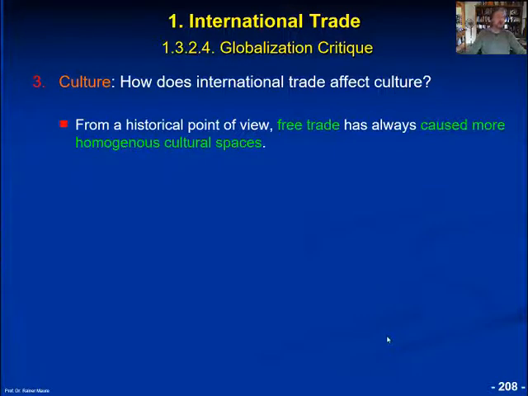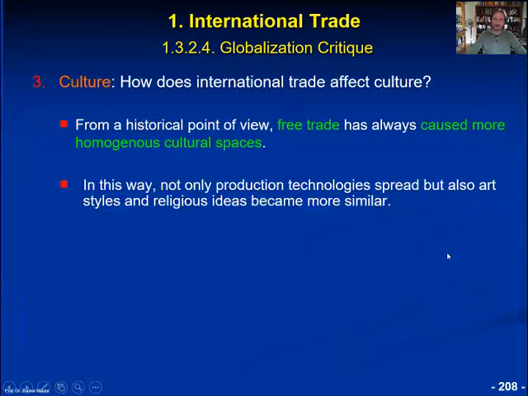Another point of criticism of the anti-globalization movement against international trade is concerned with the effect of international trade on culture. From a historical point of view, free trade has always caused more homogeneous cultural spaces.